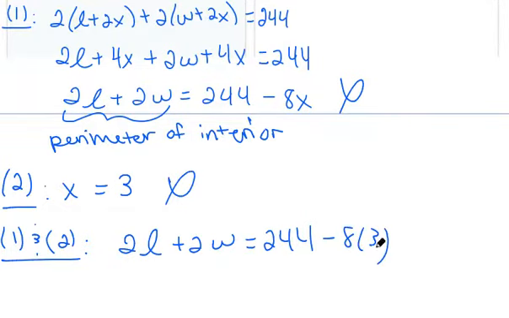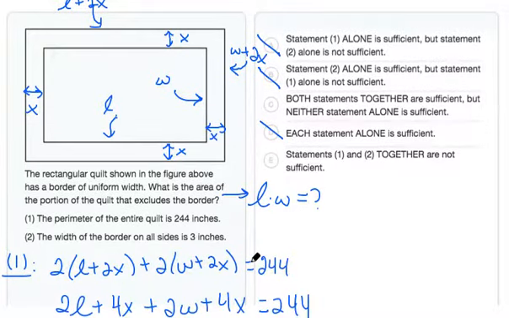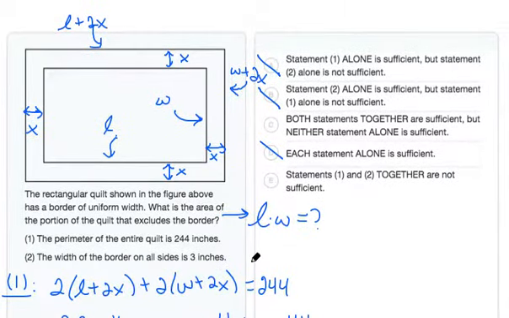Now we could calculate this and we'd get a number, but that would still only tell us the perimeter of the interior of the quilt, the inner rectangle. And from the perimeter, we still can't deduce what L or W is or what the product would be. We would need the length or width of at least one of the sides to be able to deduce which one of those variables are.